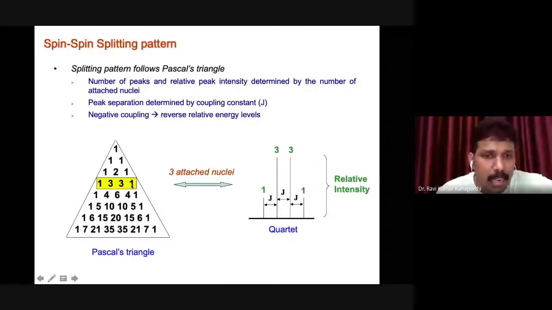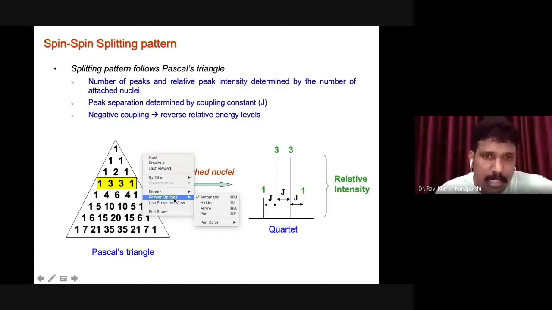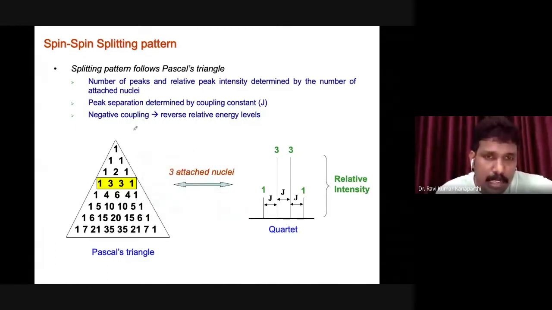Suppose you come across a doublet, just a simple example. Let us assume that we have one proton and a nearby carbon atom with another proton, and it will split into a doublet according to the n+1 rule, and the intensity in this case will be 1:1. That means you see equal intensities of the split lines. This is a single peak.